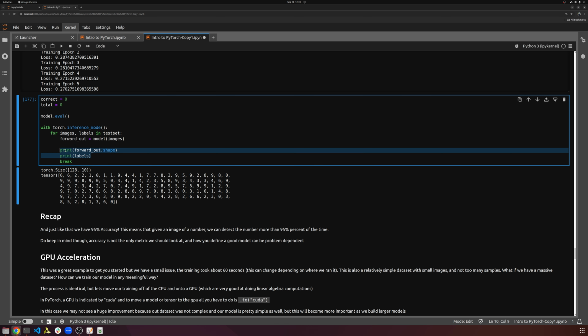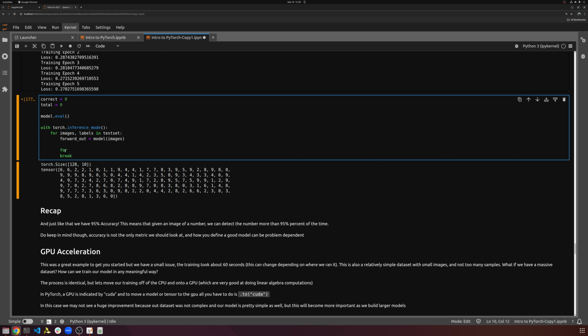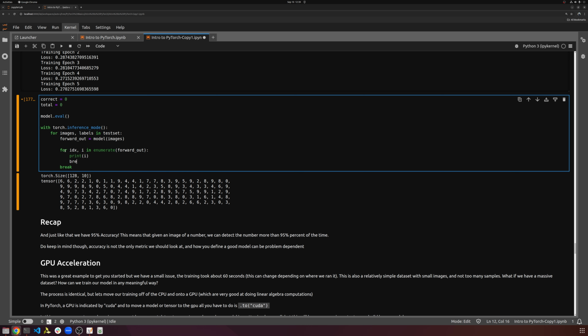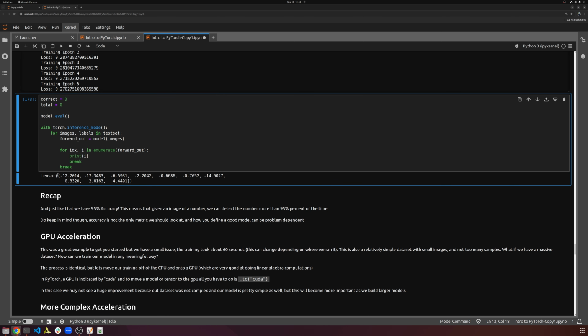So we can do for idx, i in enumerate forward_out, print i and break real quick. So this is the prediction vector of the first one. And so what we want is the maximum one.